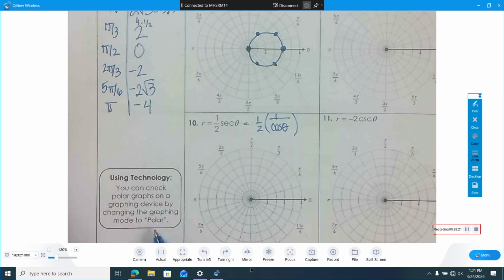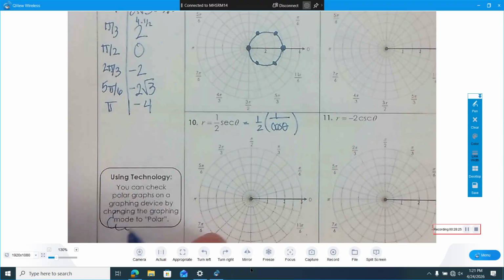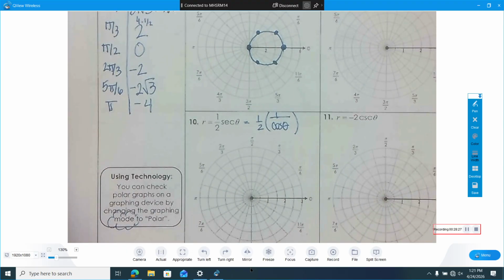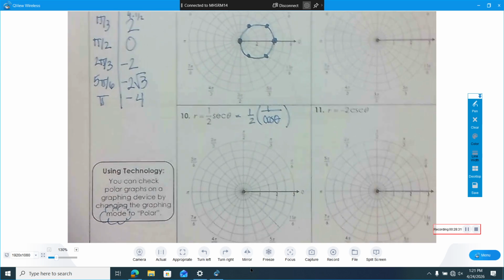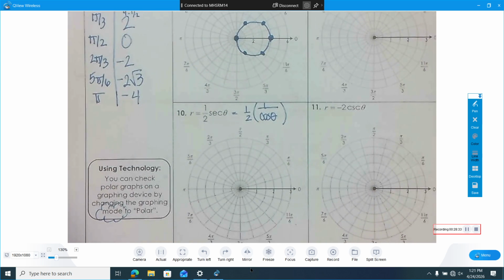So if you grab your calculator, you want to change the mode to polar. And so you press the mode button and you'll see function and then polar and then parametric. Did you find it? So click it to polar and then you can go to y equals and you'll notice that, yeah, it says r equals.